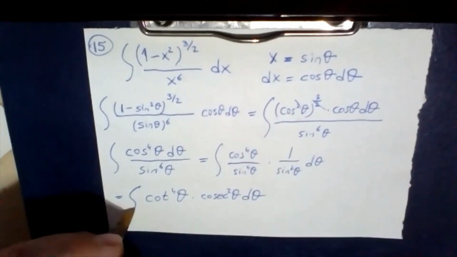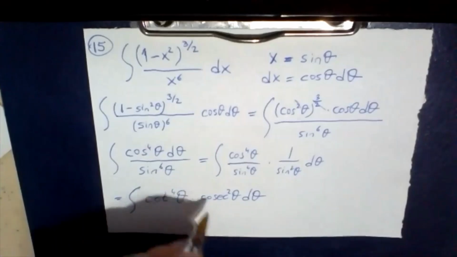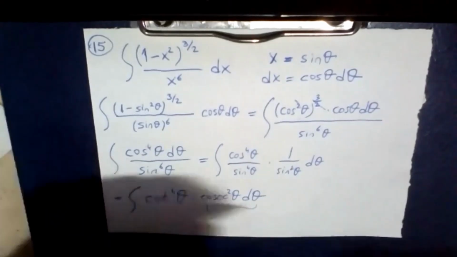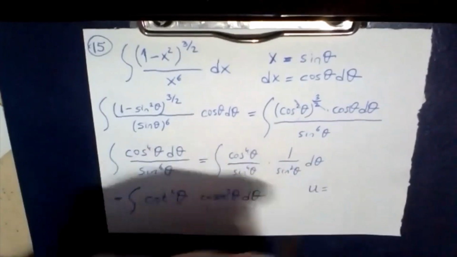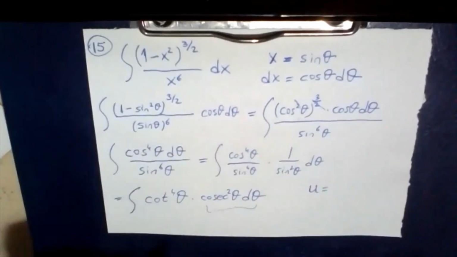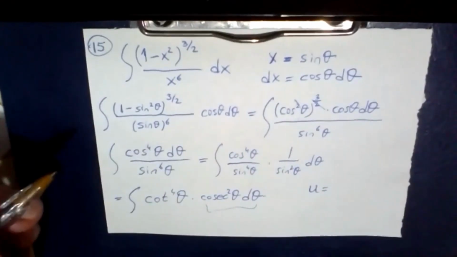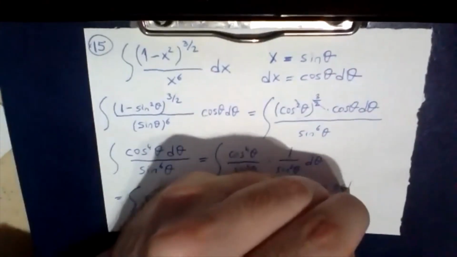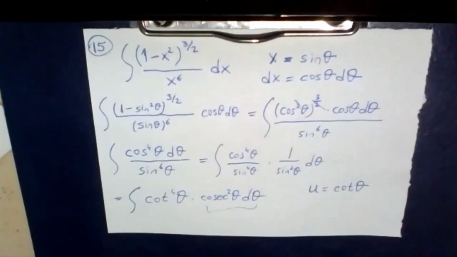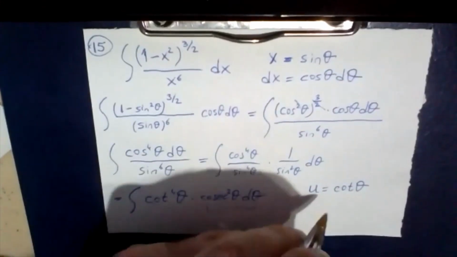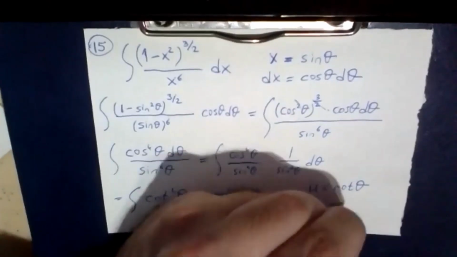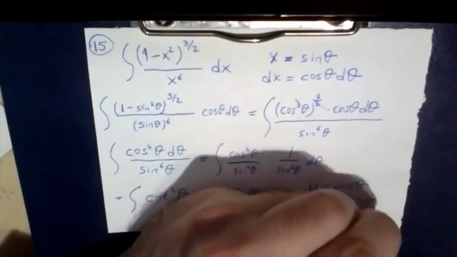Consider it. We have cotangent to the 4 theta times cosecant square theta d theta here. So we should choose something u such that its derivative is cosecant square theta or its negative form. It will be better if we choose u as cotangent theta, because its derivative will be minus cosecant square theta.